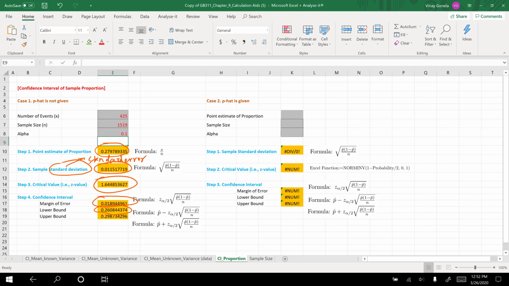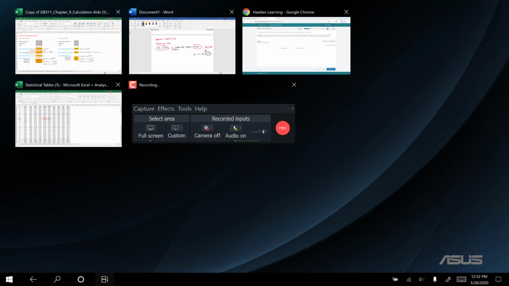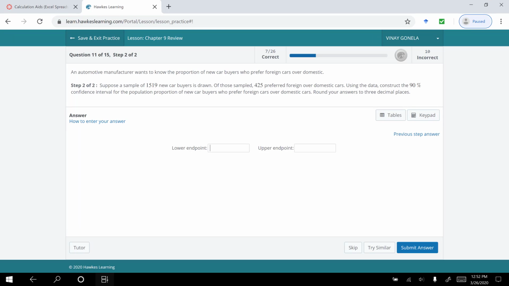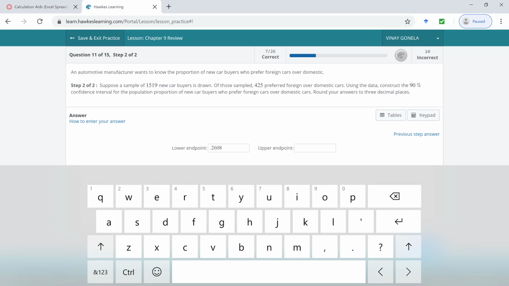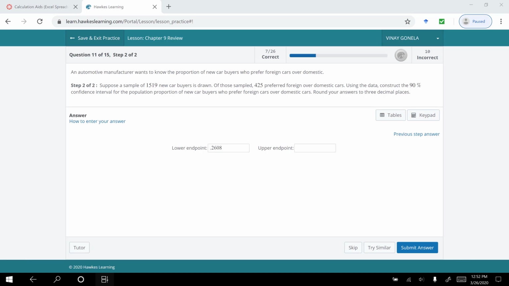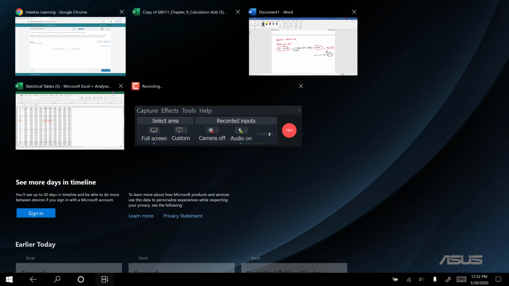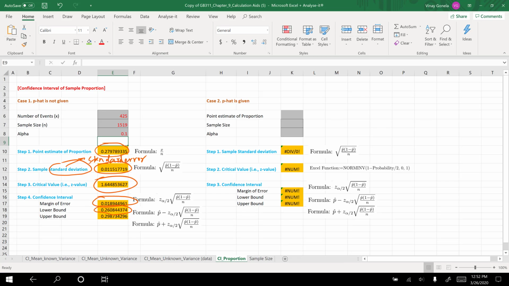0.2608. So this would be 0.2608, and the upper limit would be 0.2987.